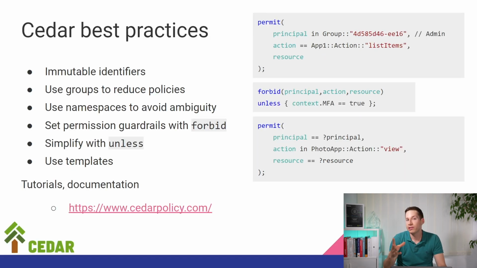And also, there are already best practices for using Cedar. As you have probably seen in IAM, when you define a policy, we use ARNs, the Amazon Resource Names. Here, you should also define the unique identifiers of the principals that you would like to have constraints on.